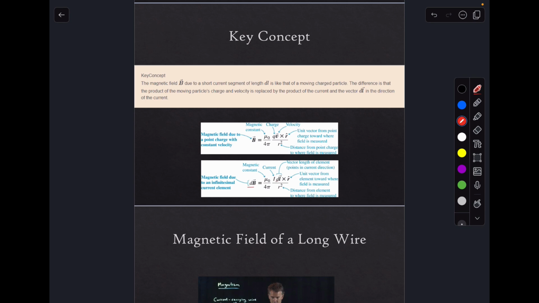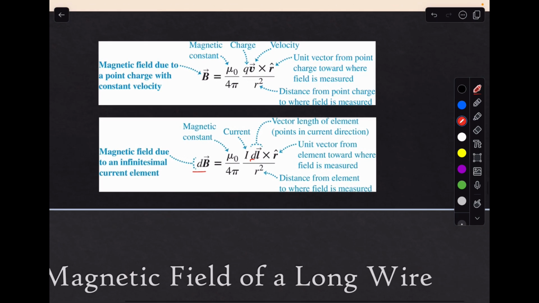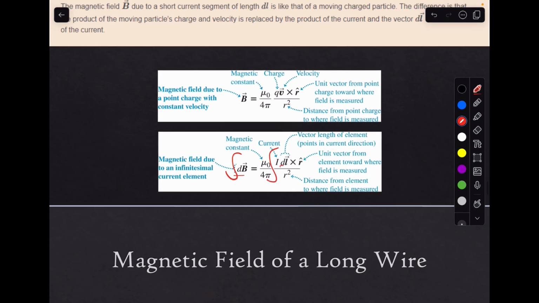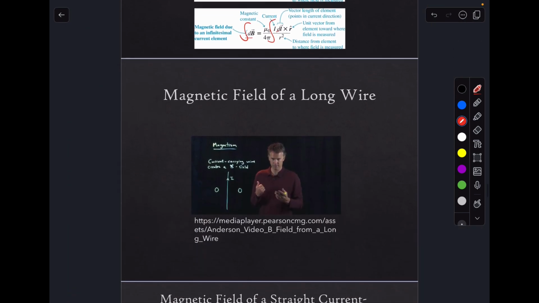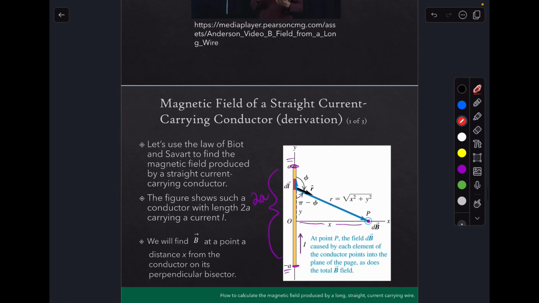Which clue you into the idea that in order to find the entire magnetic field due to the entire length of the conductor, you must eventually integrate both sides, okay? So I'm going to spare you these integrals, and I'm going to just instead walk you through a brief derivation of one of them and come up with a relation that we will need to use later on in the chapters.